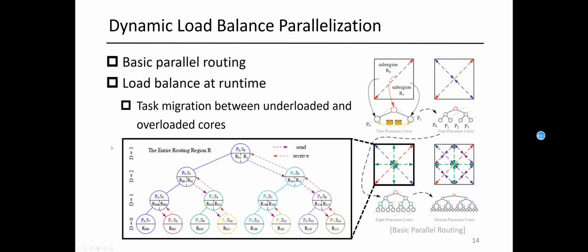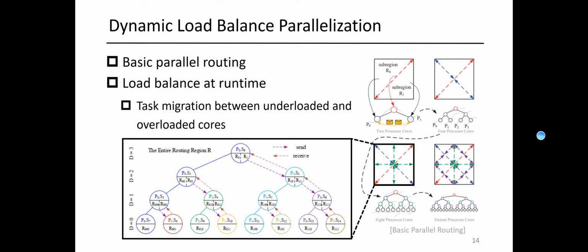In dynamic load balance parallelization, we perform the basic parallel routing with load balance at runtime. Further, the routing task is migrated between underloaded and overloaded cores. This example is parallel routing based on regular region partition.